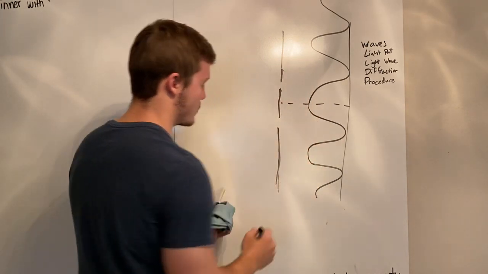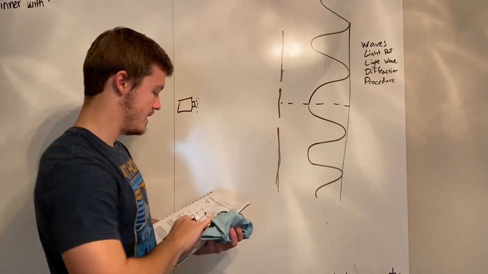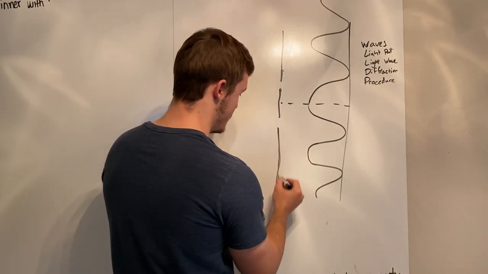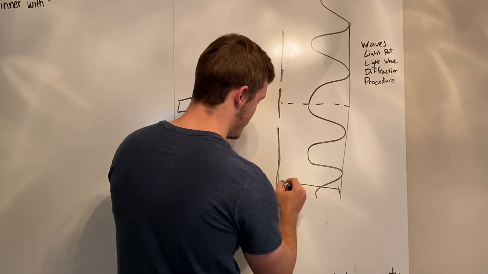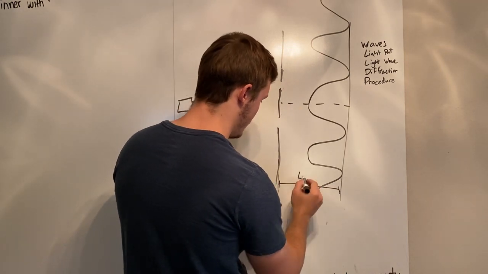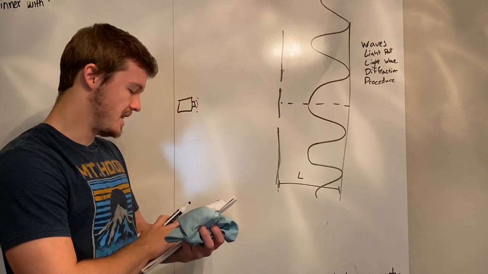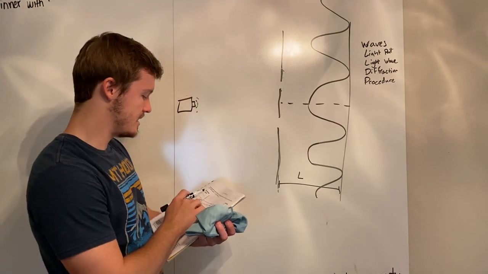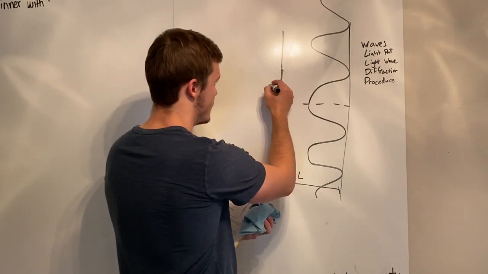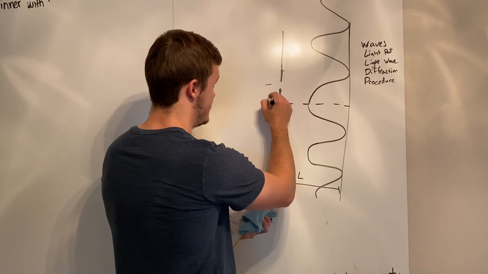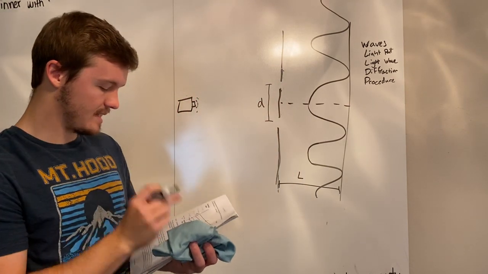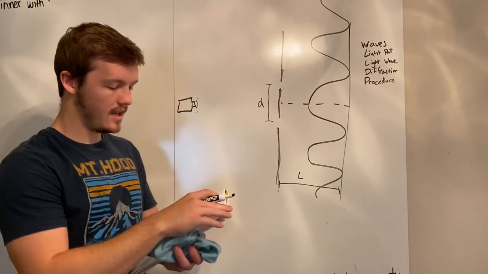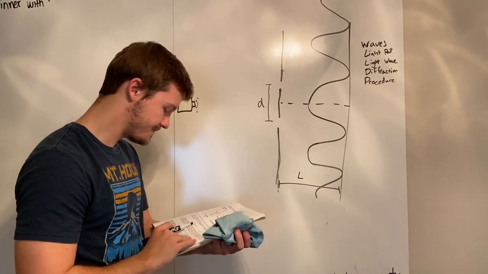All right, so some of the parameters we have in our lab manual: the distance from the slit screen to the measurement screen right here, this distance, we're calling this L. And then we've got the distance between the two slits right here. This is our distance D. And then the slit width itself is going to be A, and we'll cover that in a sec.